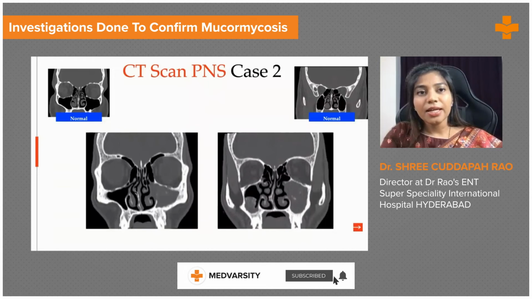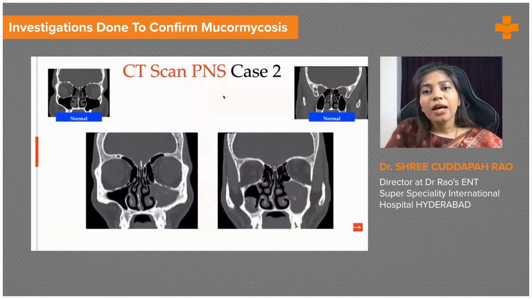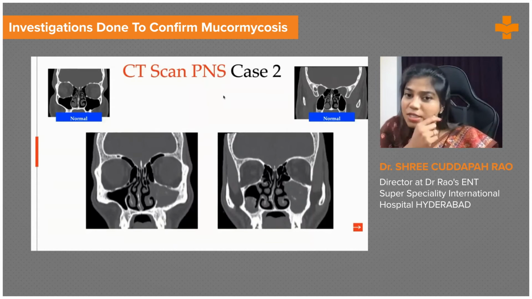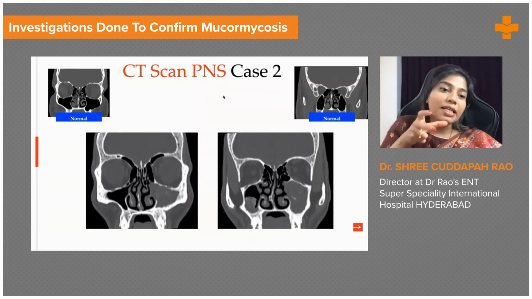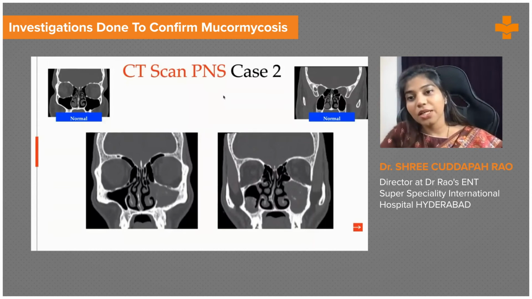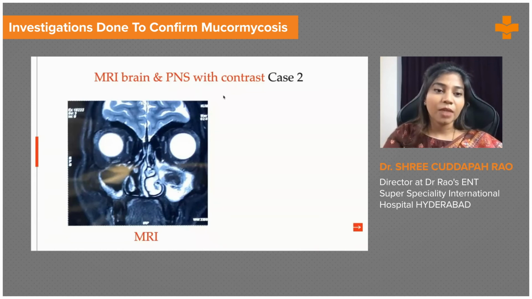Here you can see that the entire left maxillary sinus is completely opacified, and you can see some amount of calcifications in between, and this calcification is very typically seen in case of fungal sinusitis, but we are not very sure about it. So we proceeded for an MRI, and this is how it looked on a contrast based MRI.